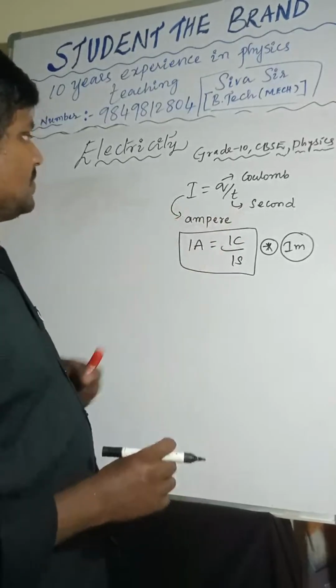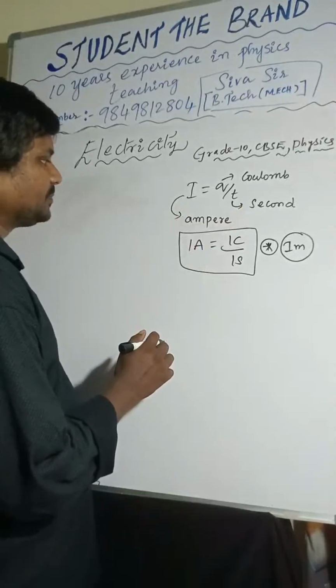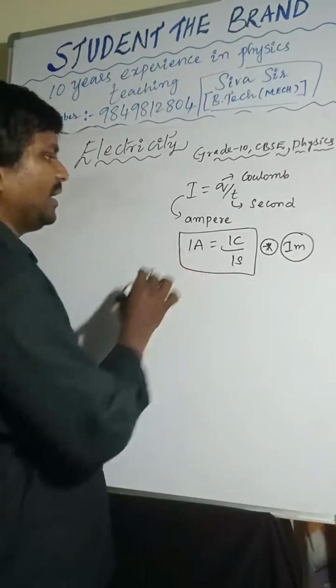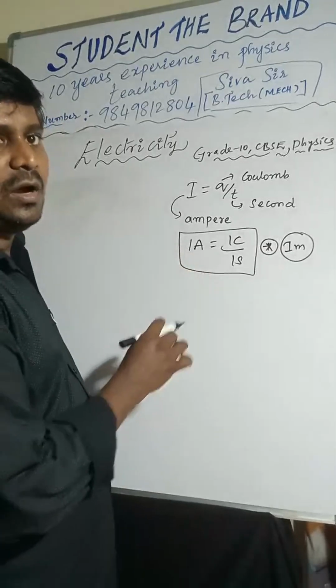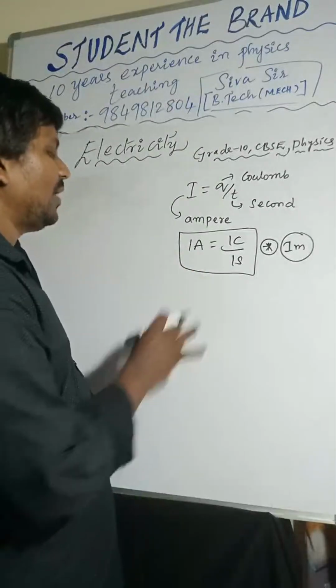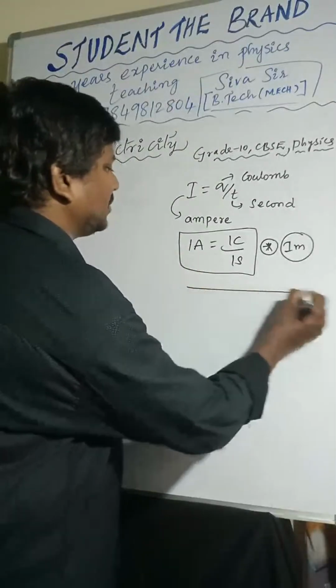Now we are going to the next one. How can we define 1 ampere? 1 ampere is equal to 1 coulomb of charge flowing through unit cross section area.